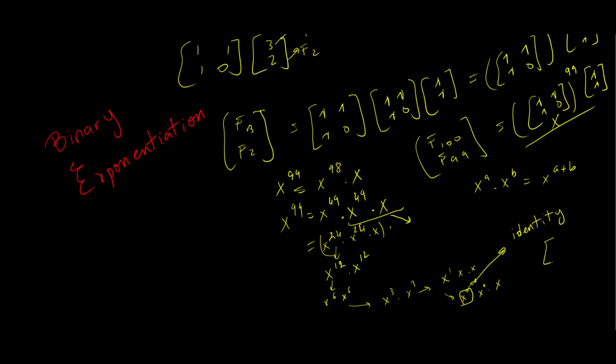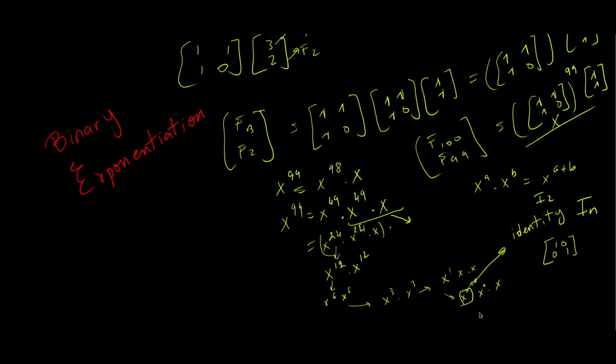The identity for matrices is denoted I of n, and it is the matrix that has all entries equal to 0 except the diagonal. So our identity will be I of 2 because we have a 2 by 2 matrix. All other values will be zeros except the ones on the diagonal. And you can see that if you multiply any matrix by this, you will always get the matrix you started with.